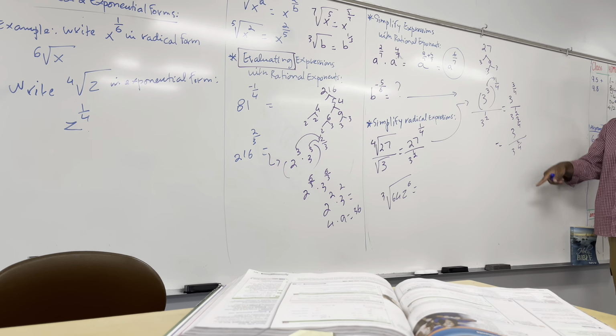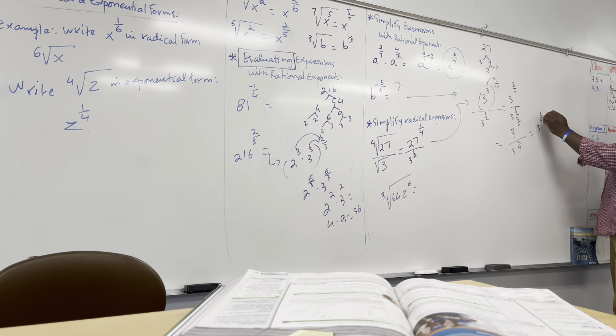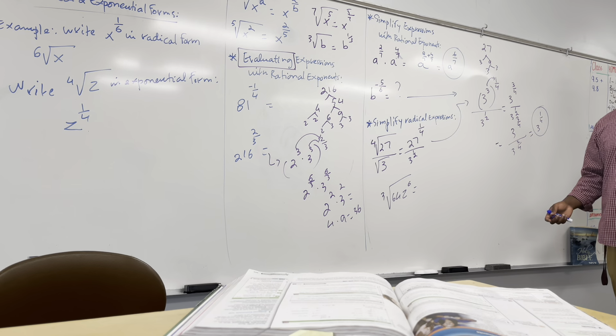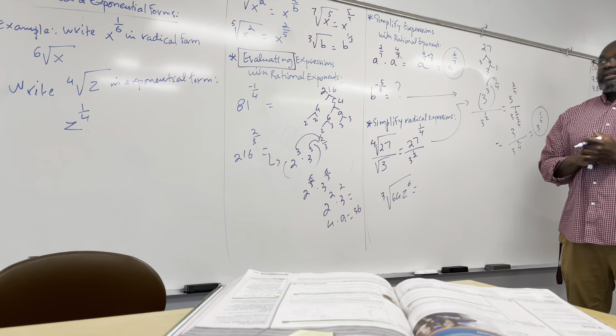And now I can subtract it, right? This minus that gives me what? 3 to the 1/4, right? 3/4 minus 2/4, that's 3 to the 1/4. And I'm done, I can stop here. Okay? So again, you have to recognize we are using multiple techniques here to solve this.